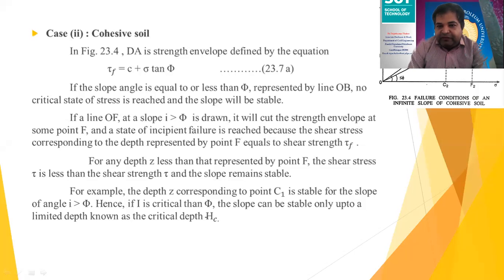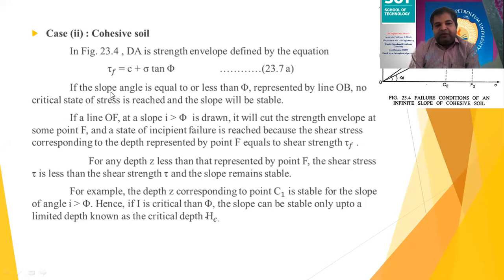The angle of this envelope with respect to the horizontal gives the angle of internal friction of the soil, and where it touches the shear stress axis, it gives the value of cohesion c. That's how this equation has been formed.